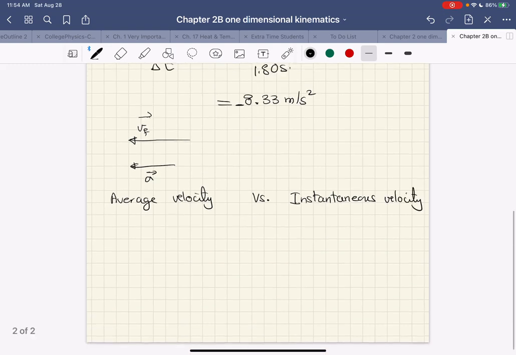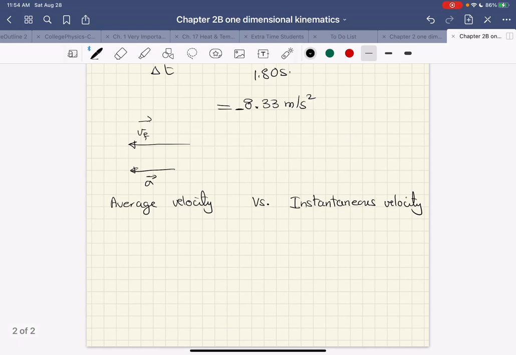And I will say here, okay, this is the average for the whole trip. This one is just at an instant.